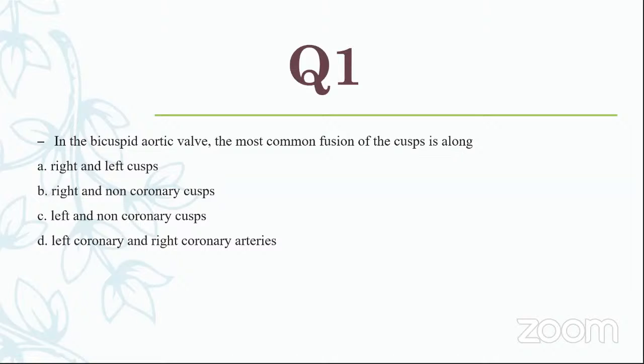The top has 3 of these commissures. The bottom, the lowest point in this insertion, in the middle of the leaflet insertion, what is it called? Nadir. The nadir of the leaflet insertion. Excellent. So this is the nadir. This is the lowest area of insertion of the aortic valve leaflet.